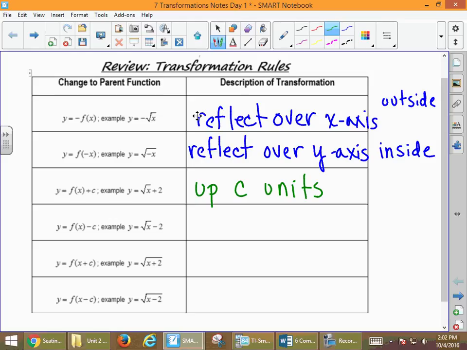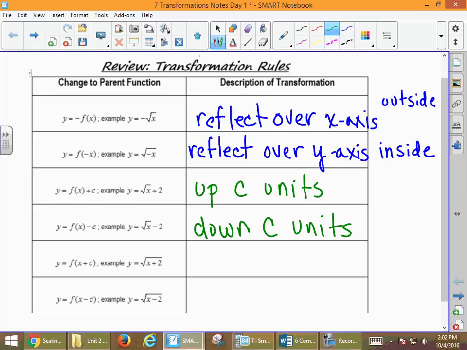Well, if plus c moves our graph up c units, what do you think minus c does? Again, you can make a logical assumption that we move down c units. And the plus c and the minus c are outside the function.